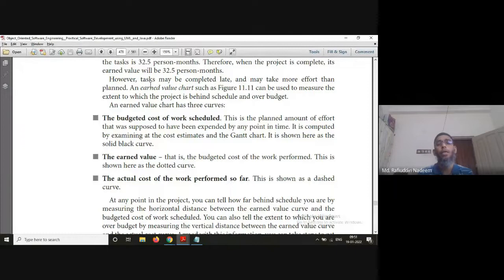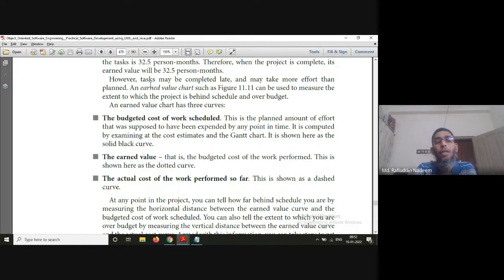So an earned value chart can be used to measure the extent to which the project is behind schedule and over budget. By studying this chart, you can see how much extra effort has been used for the project, as well as how much the project has gone over budget.